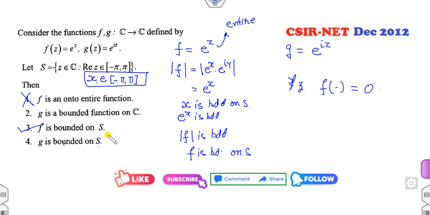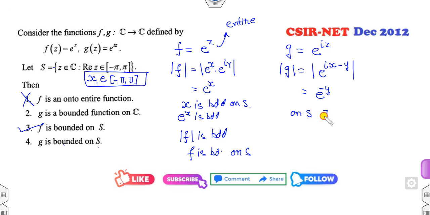Is g bounded on S or g bounded on C? Again, I can start from e raised to power iota x minus iota y, so the modulus is e raised to power minus y. Now on S, there does not exist any restriction on y. Is e raised to power minus y bounded?